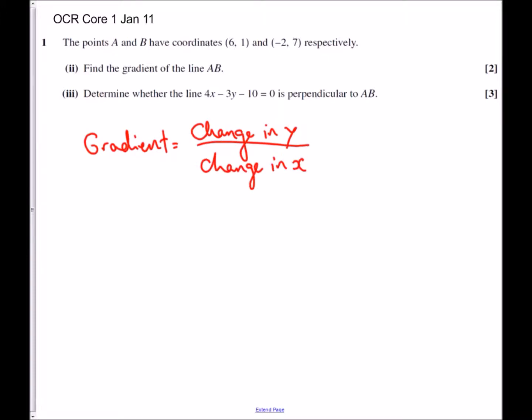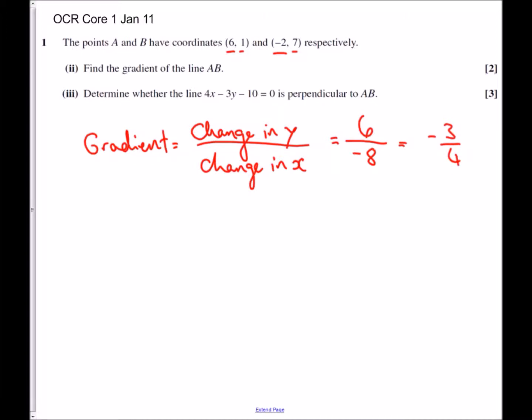If you want to show this quicker and you don't want to write change in, you can just write delta. I tend to write change in just because it helps me remember what's going on. So my change in y, well, I started at 1, I've gone up to 7, so I've gone up 6. And then my change in x, well, I started at 6, I've ended up at -2, so I've gone backwards 8. So this gradient is equal to -3/4.